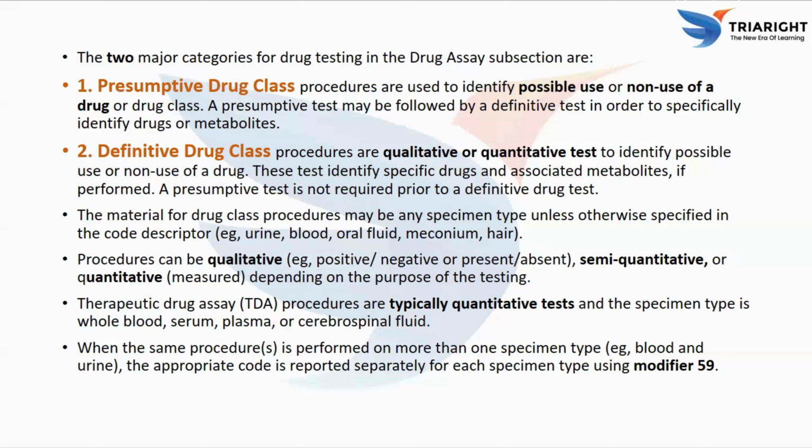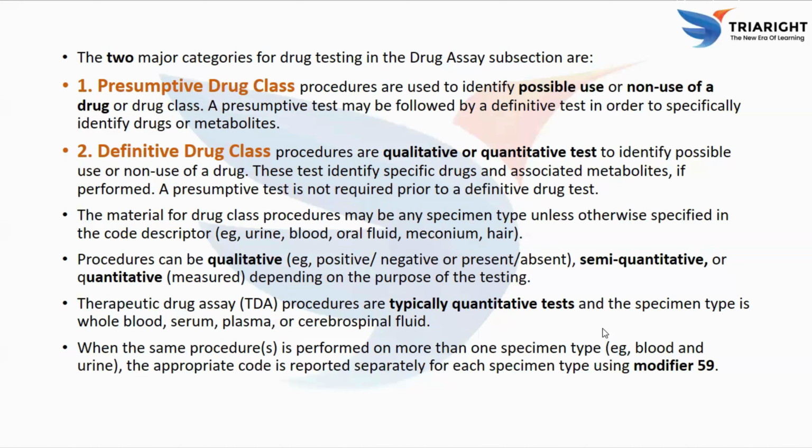It ensures the therapeutic level and avoids toxicity. So what are the key characteristics of this therapeutic drug assay? Typically quantitative. Specimen types: whole blood, serum, plasma, and CSF, cerebrospinal fluid. The examples are digoxin, lithium, and phenytoin.